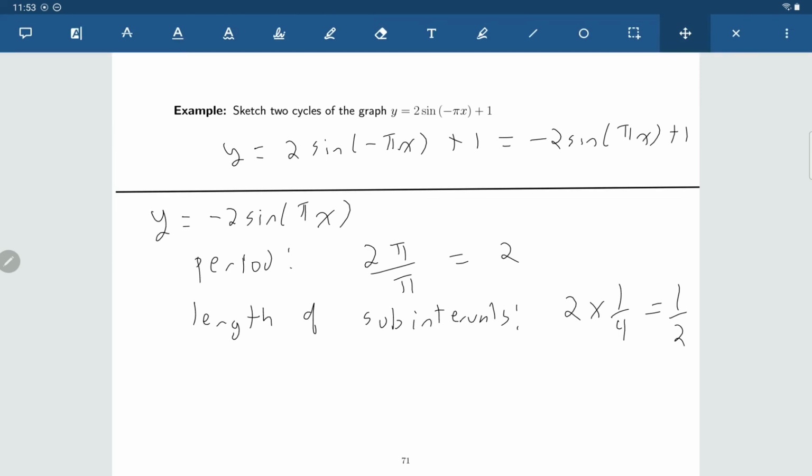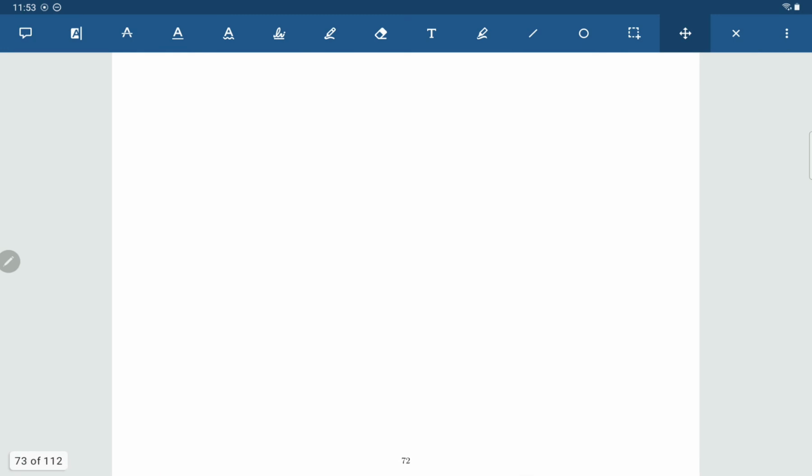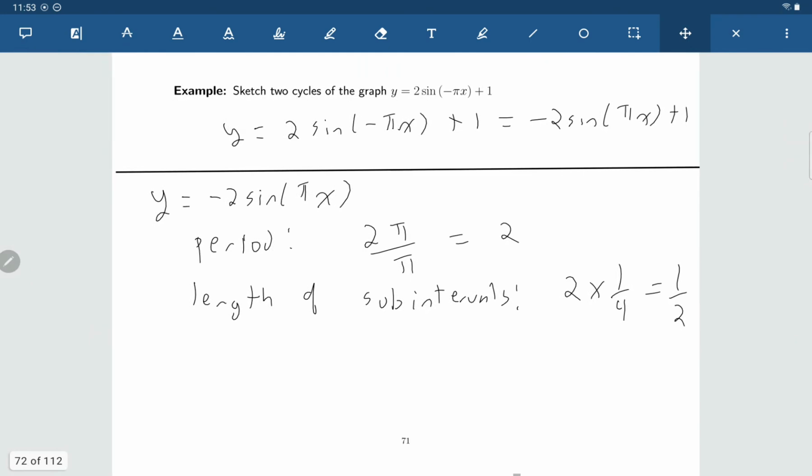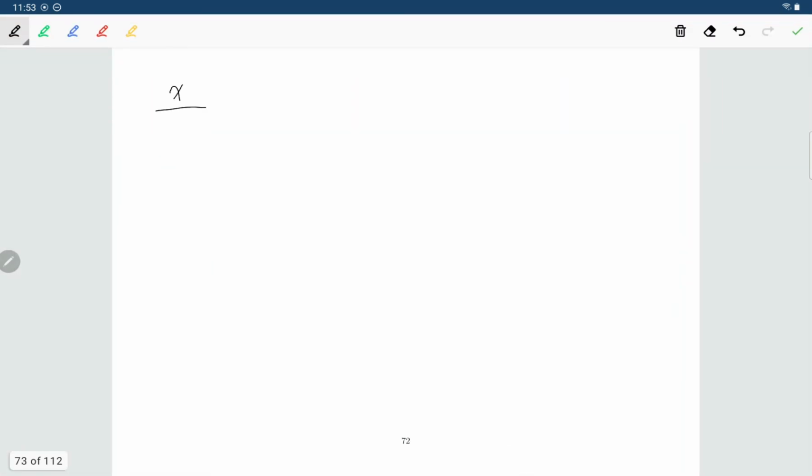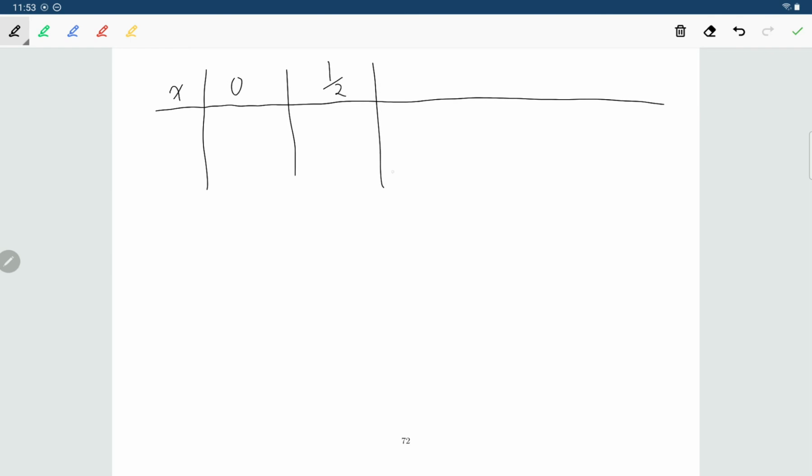So that means that for y equals negative 2 sine of pi x, the x values will all go up by a half each time. So we'd have them as 0, then a half, then 1, then 3 halves, and then 2.